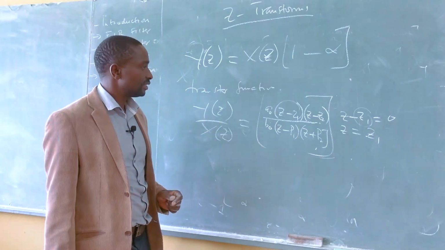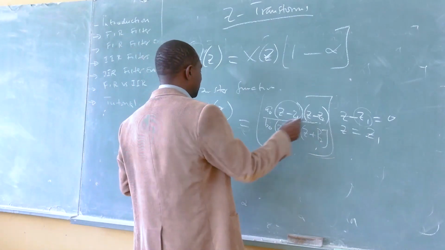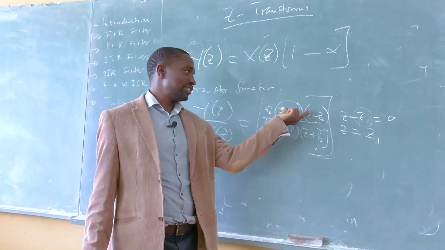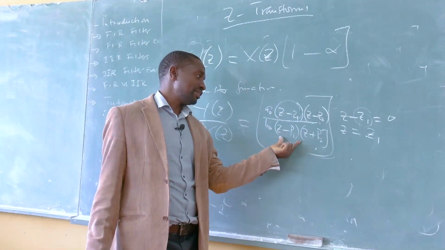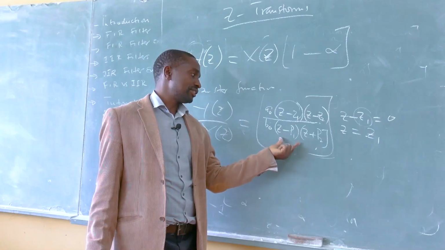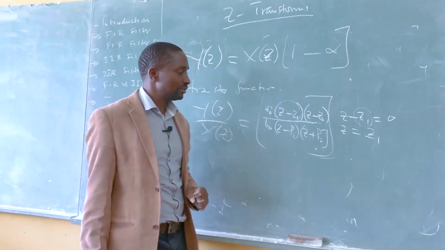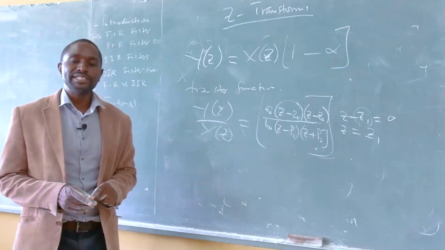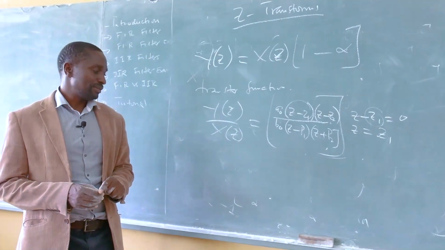So you notice that from the transfer function, the numerator consists of zeros and the denominator consists of poles. These poles and zeros are basically what determine stability.